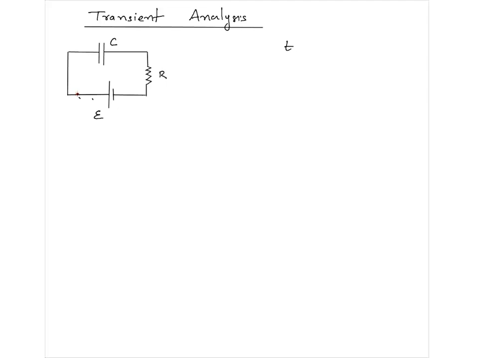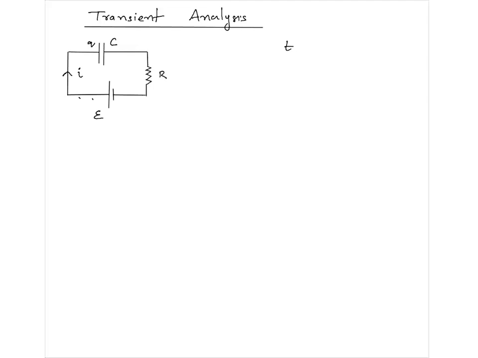At t equal to t, let's say some charge build-up has taken place, plus q on the left and obviously minus q on the right. But it is changing, small q is changing, so it's not a constant. Eventually it will become a constant. So some current is actually flowing, you can think like that.